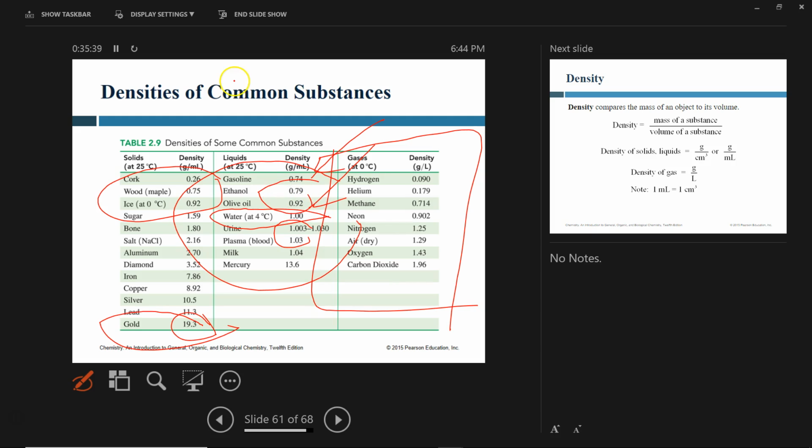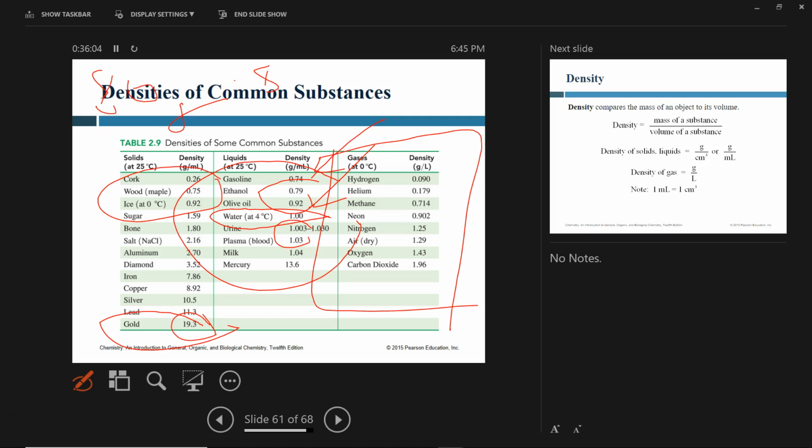Okay, you see? 0.8 grams per mil. That's density. Okay. So I am telling you that we have 80 grams of ethanol. What is the volume? So we have 80 grams.